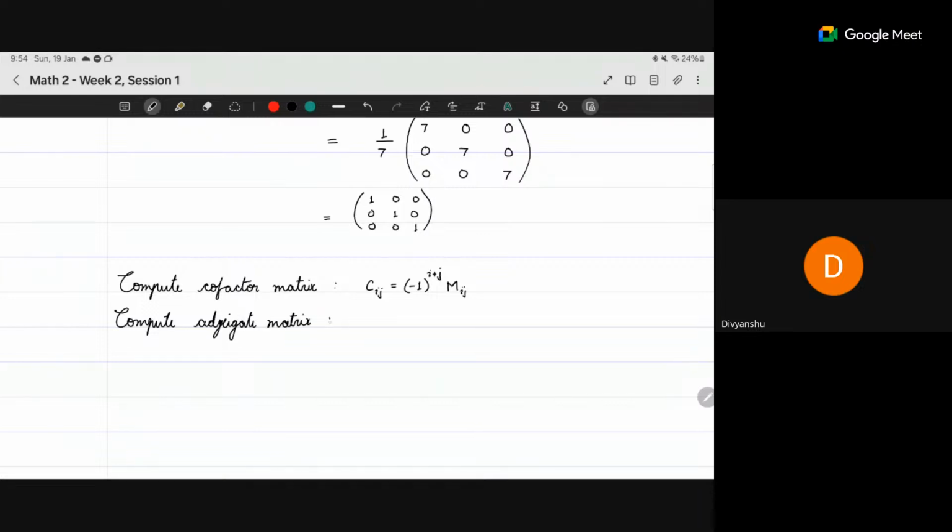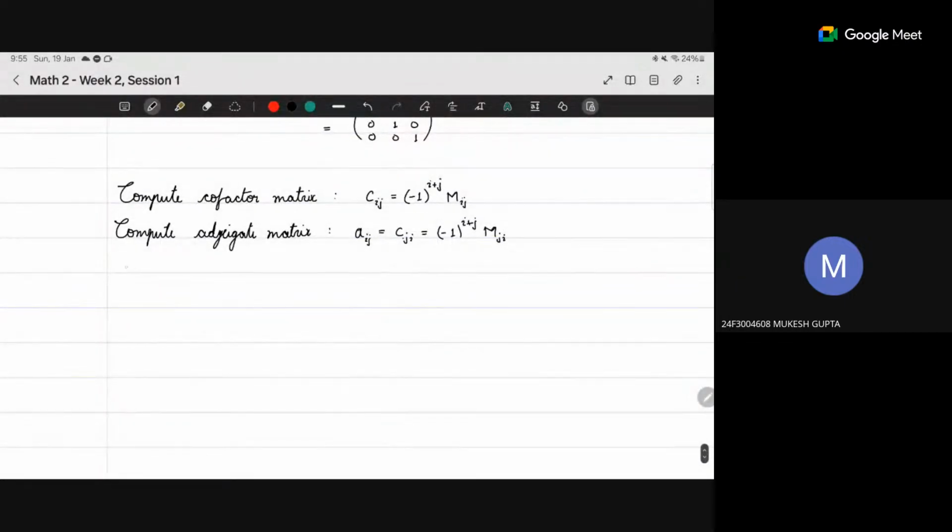How do you do that? You take the transpose of the cofactor matrix. So this is actually just Cji, which is minus 1 to the i plus j Mji, and then divide by the determinant of the original matrix to compute the inverse. I'll just call this Aij inverse, but that's actually confusing notation.